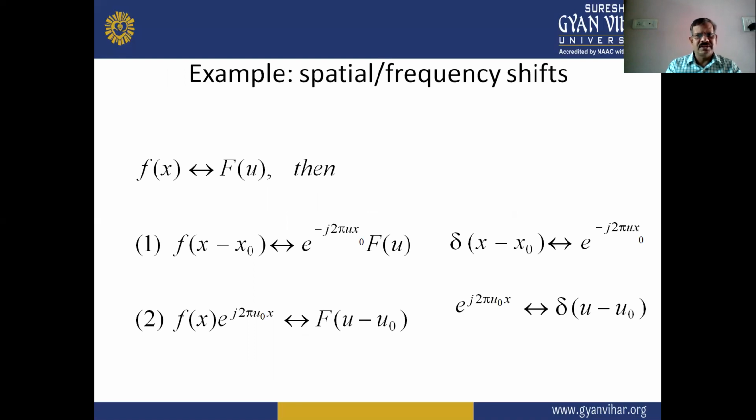So if the function f(x) tends to F(u), then f(x minus x naught) tends to e to the power minus j 2 pi u x naught into F(u), and delta(x minus x naught) tends to e to the power minus j 2 pi u x naught. The second one is f(x) e to the power plus j 2 pi u naught x tends to F(u minus u naught), and also e to the power j 2 pi u naught x tends to delta(u minus u naught).